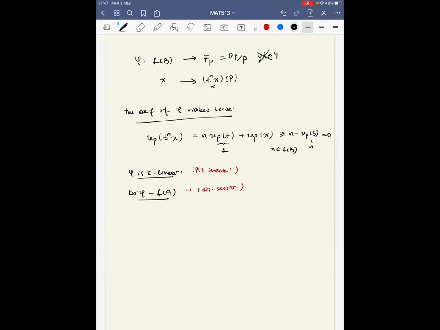By the first isomorphism theorem, we can view this quotient as a subspace of the residue class field, and both of them are vector spaces over k.